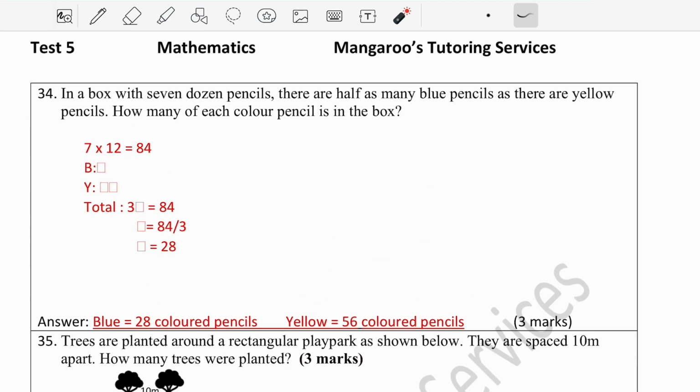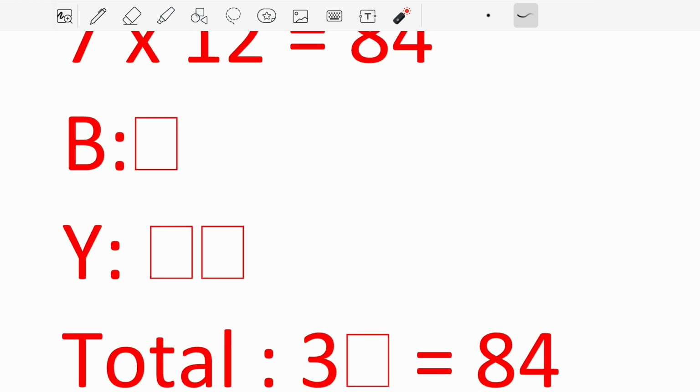Number 34, another unequal sharing. 7 dozen pencils, that's 7 times 12 is 84. There are half as many blue pencils as there are yellow pencils. So we look to see which one is less. In this case, blue is less.